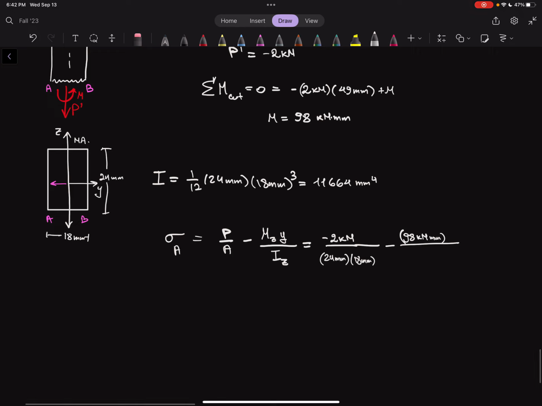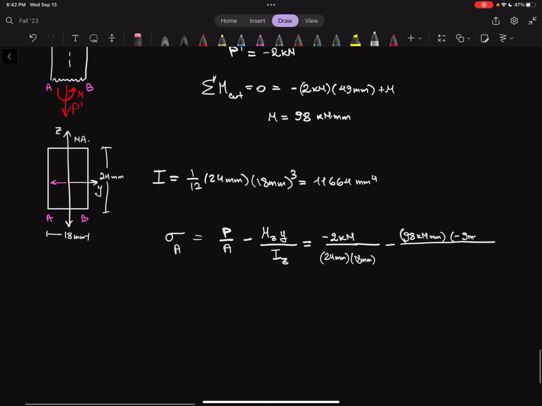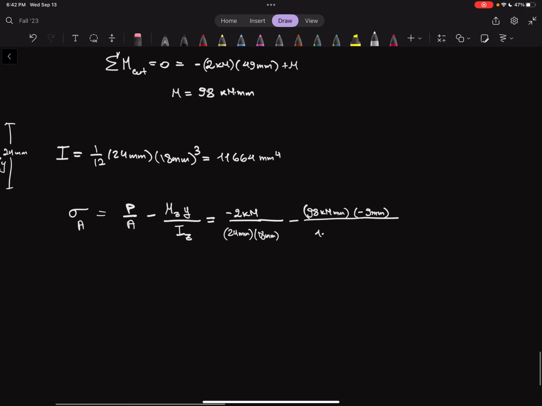And so now I can put that here. And I can multiply by y, negative, because we're looking at A. See that purple arrow? So it's going to be negative 9 millimeters. All of that divided by I, which we calculated to be 11664 millimeters to the 4. So we get newtons over millimeters squared.